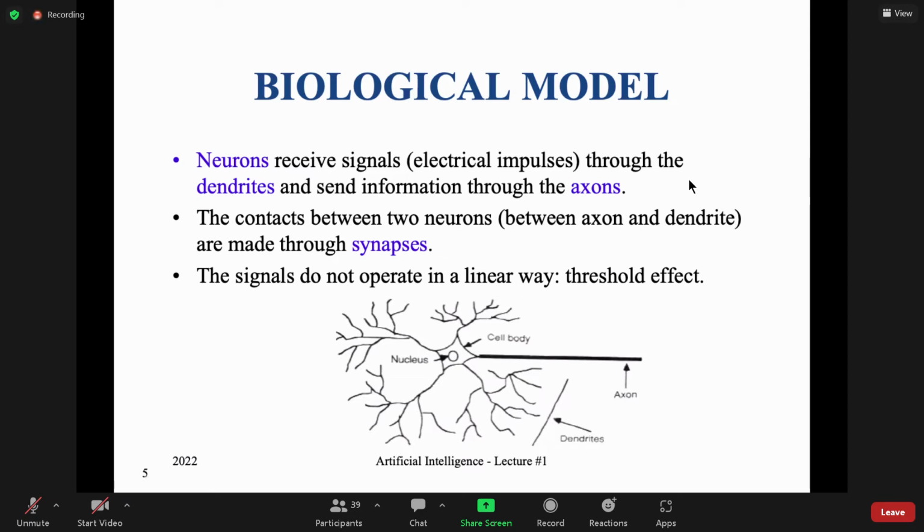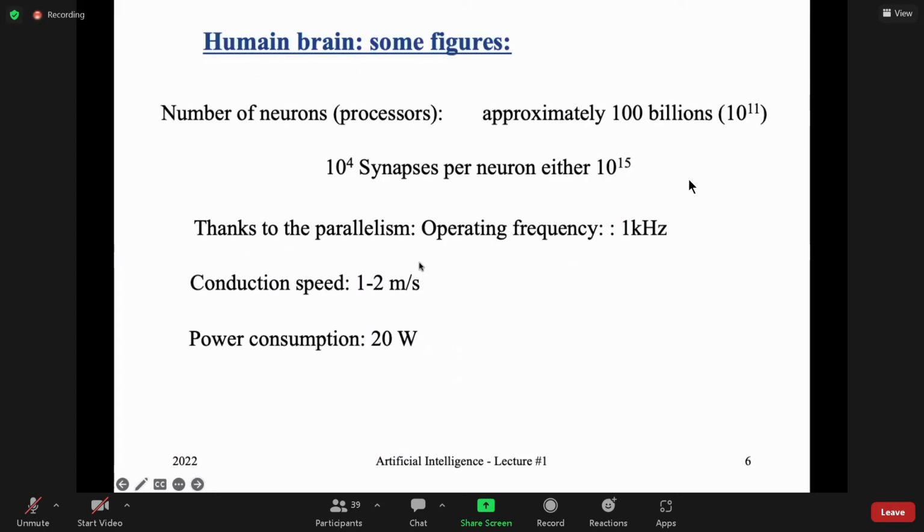After that, it sends the information to the axons. And the connection between two neurons, between axons and dendrites, is called a synapse. And as I explained in my introduction during my first lecture last time, we have synaptic weights. So the influence of each synapse depends on them. We'll see that after.